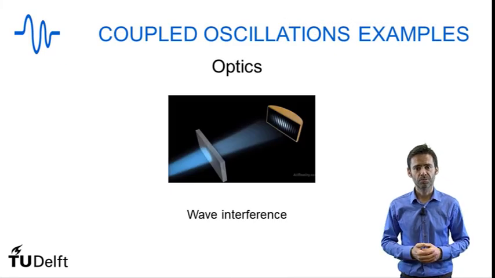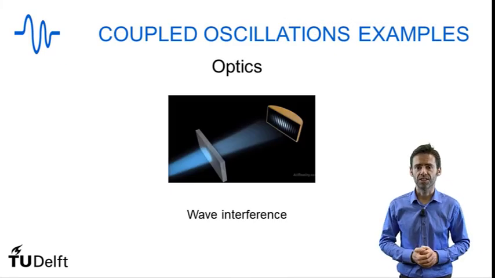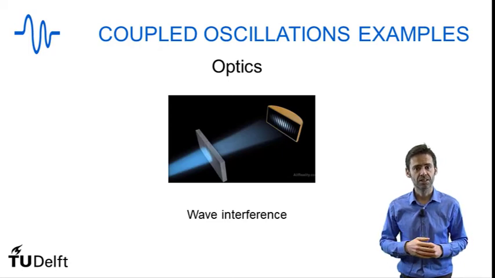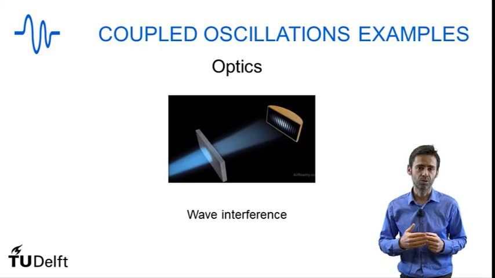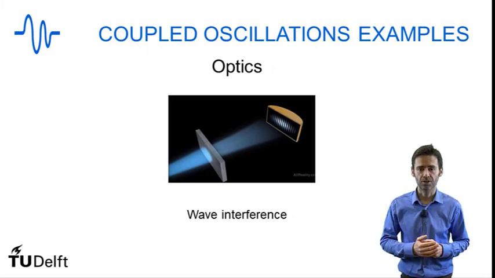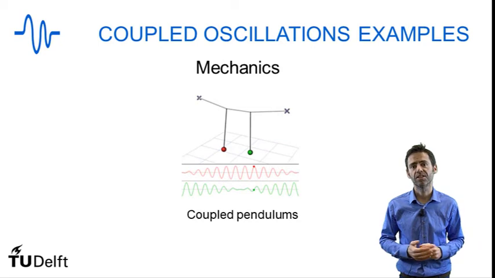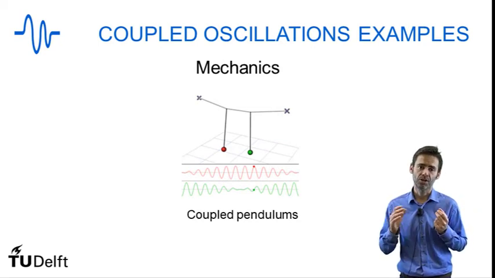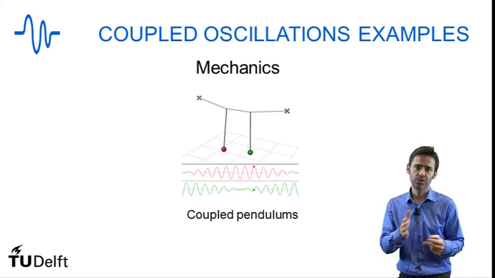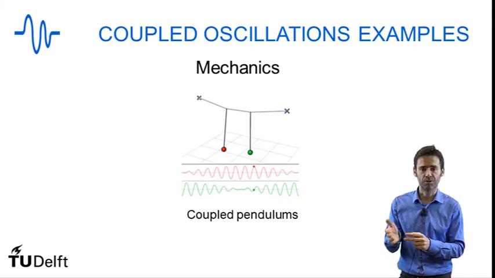Now, coupled oscillations play a big role in all kinds of physics. For example, in optics, where we illuminate a slit, you can have interference patterns that are essentially additions of oscillations that lead to constructive and destructive interference. Also in mechanics, you can have two oscillators that are coupled together, where one oscillator transfers its energy to the other oscillator and back and forth.